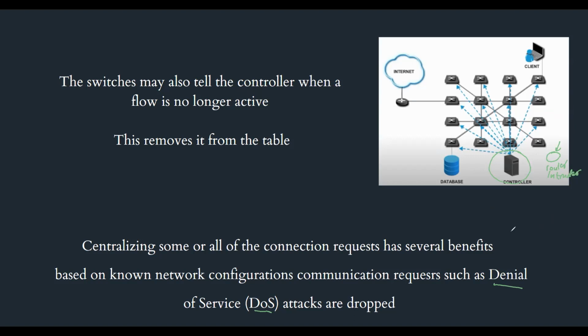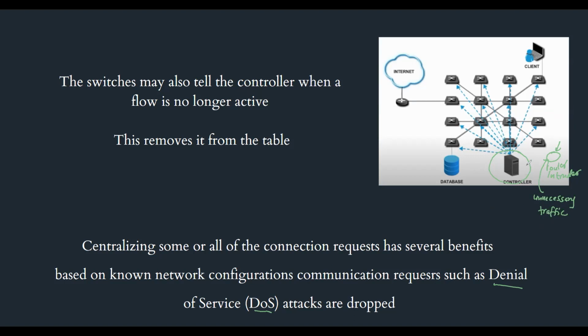However, now if we have a controller, then we can identify that there's some kind of intruding router which is adding this unnecessary traffic, and the controller will ignore the requests of such routers. The controller will not allow that router to connect to the rest of the network.